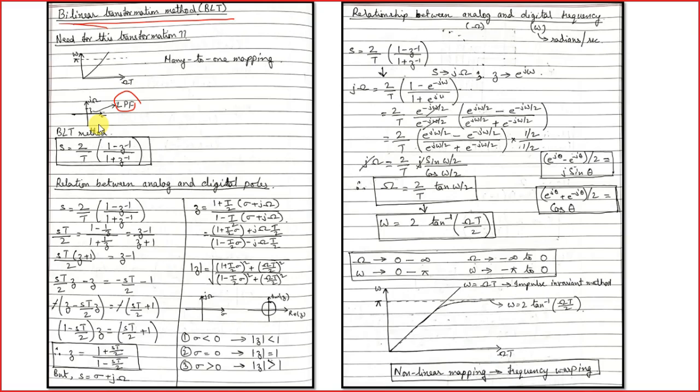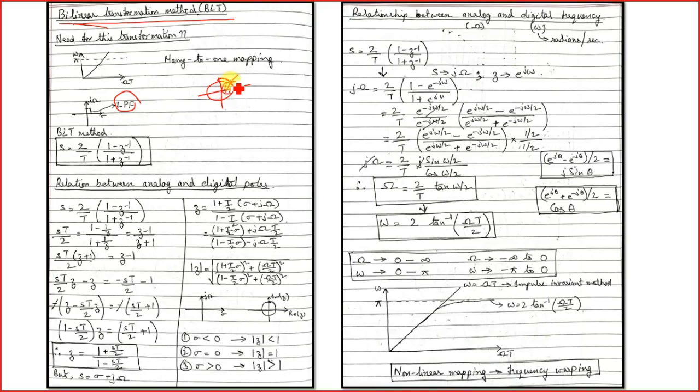I'm not going into the mathematical details of that, but if you look into the Z transform aspect, you will find that the positioning of the poles by the impulse invariant method is within a smaller circular region inside the unit circle.